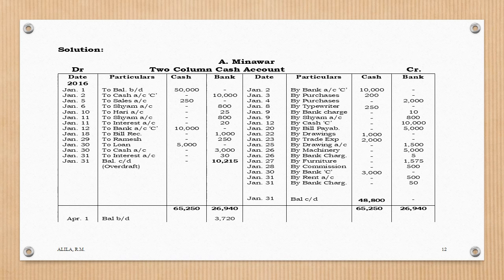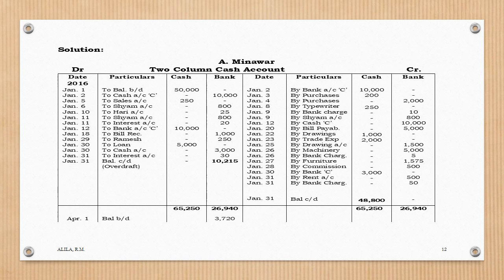On January 3, we make a purchase by cash. So we write it in the cash column, purchases 200. On the 4th, we also make a purchase, but this time we use the bank balance, so purchases in the bank column.